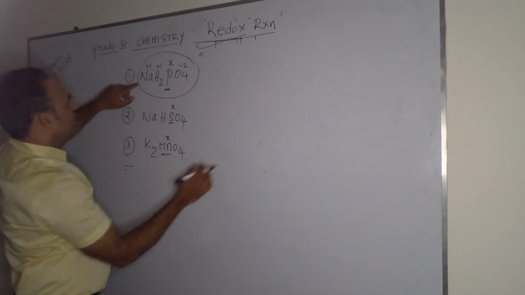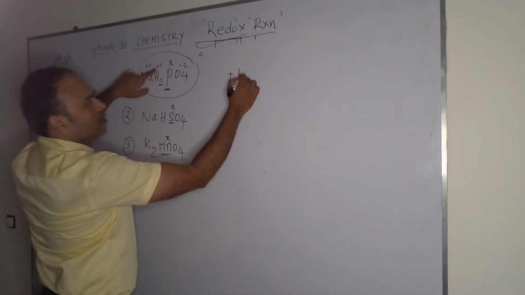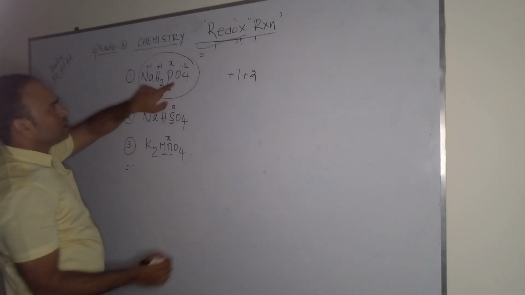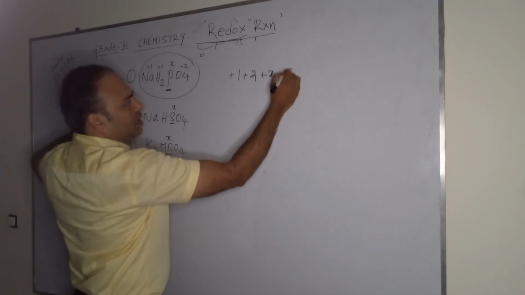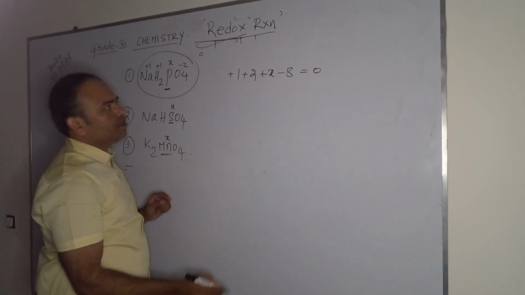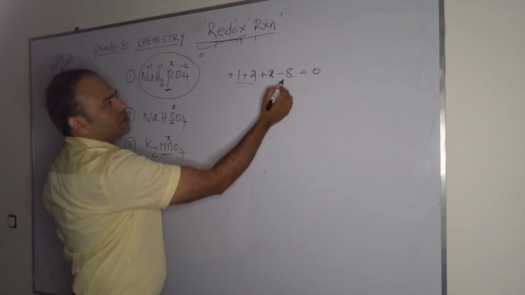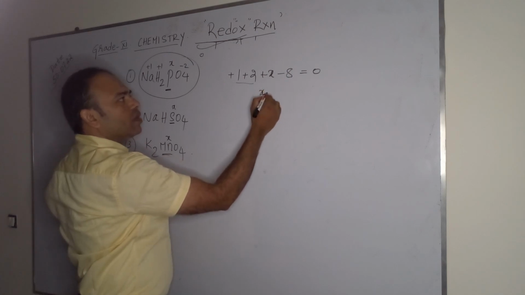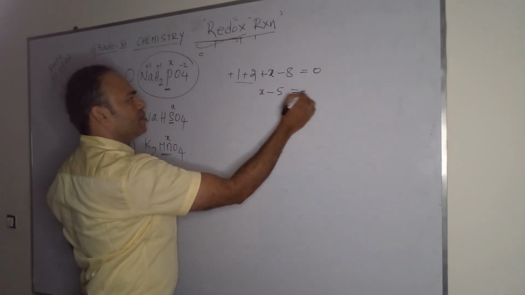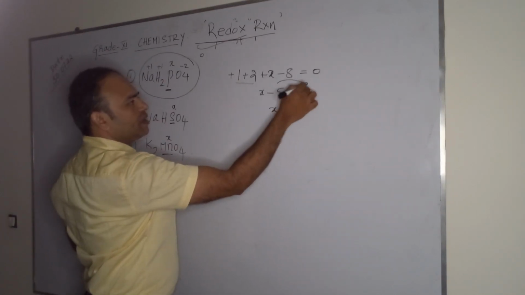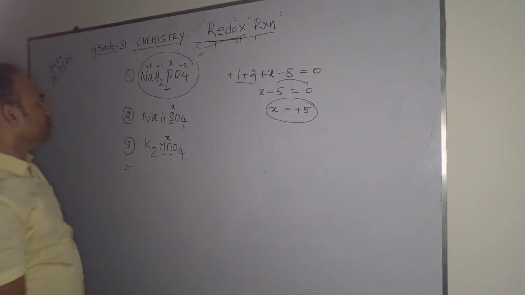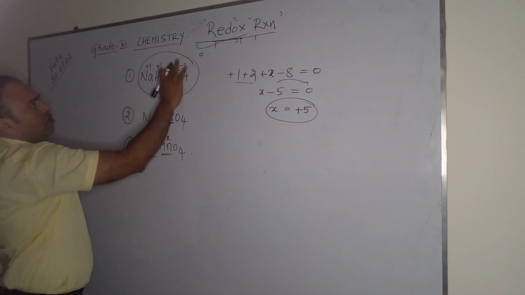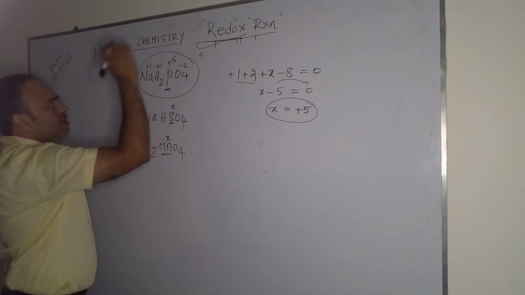Let me write the equation: plus 1, 2 into plus 1 is plus 2, this is X, 4 into minus 2 is minus 8, and total is 0. So X minus 5 is 0. Send it to the other side, X is equal to plus 5. So the phosphorus oxidation state here is plus 5.